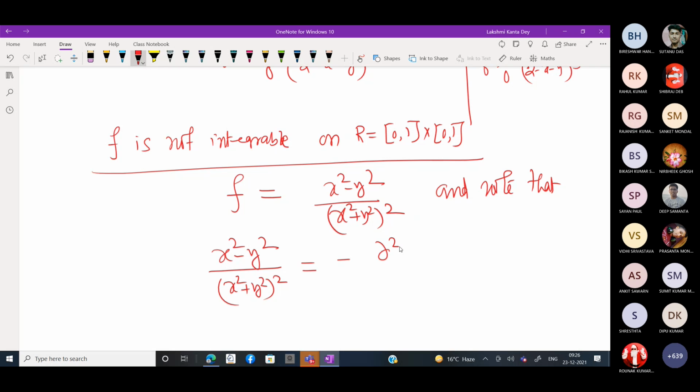And if we calculate it, then we realize 0 to 1, 0 to 1, x square minus y square.